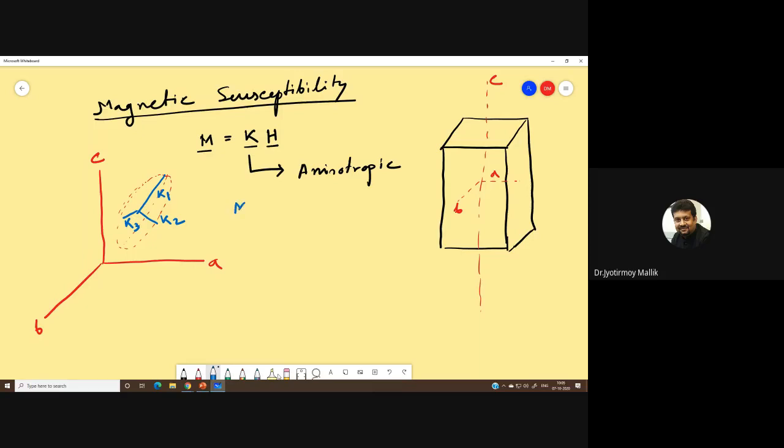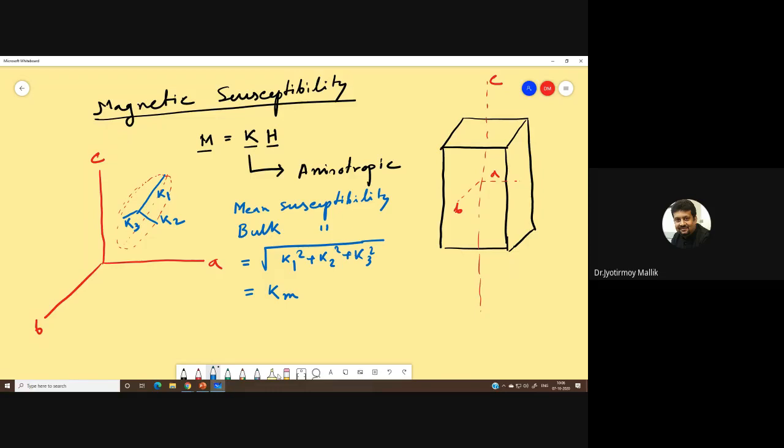what I'm asking you is essentially the mean susceptibility, or this is also called bulk susceptibility. That is nothing but K1 square plus K2 square, which we call Km, or mean susceptibility or bulk susceptibility. It is the same thing.